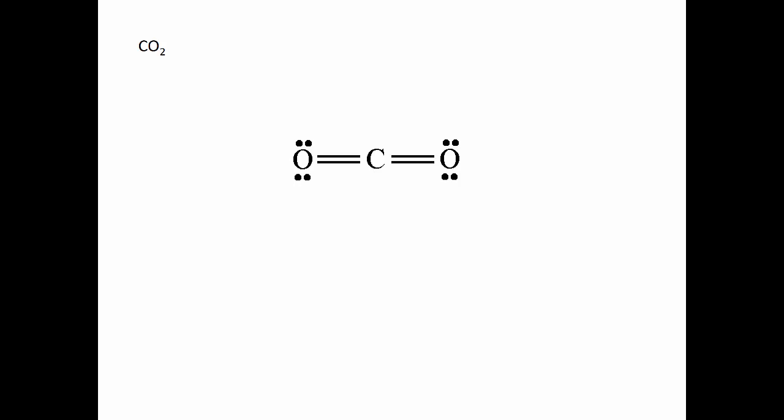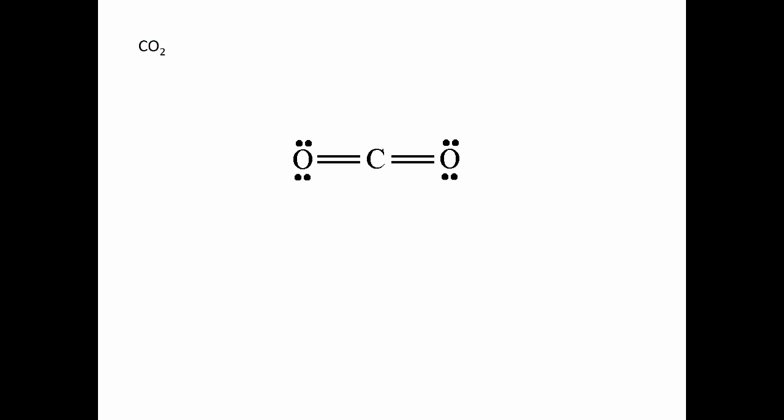So once we have our Lewis structure and our geometry determined, the next thing we're going to do is draw our dipoles or our partial charges on this molecule. So I'm going to do this both ways. So the first way I'm going to do this is by drawing our partial charges.